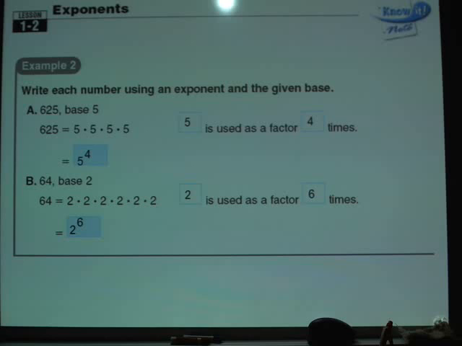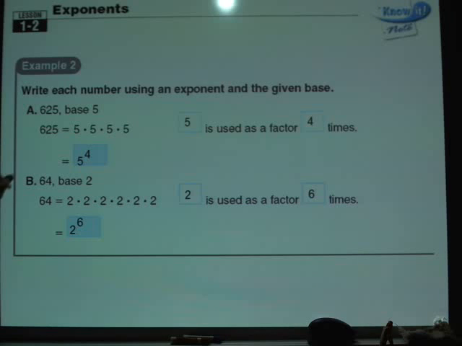So in the A question, since they've given us the base of 5, we're just going to start multiplying 5s together until we get to that 625 number. Once I get to 625, I'm going to ask, how many 5s were used in that multiplication? How many 5s I had to use is the exponent and the answer to the question.